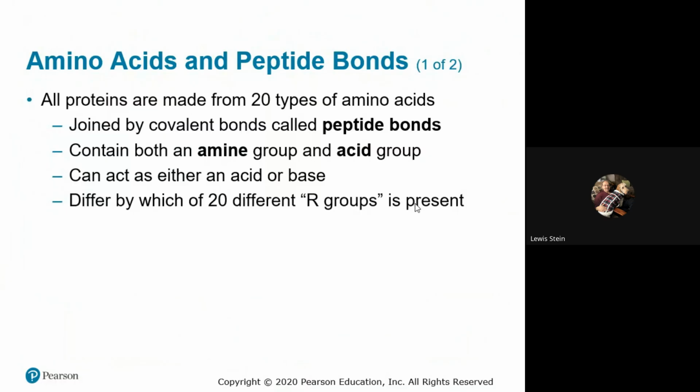And the amine, you'll see shortly, the nitrogen, two hydrogens called an NH2. That's an amine. So amino acids, one side is acidic, the acid, and the amine, the NH2, is basic. So they neutralize one another.